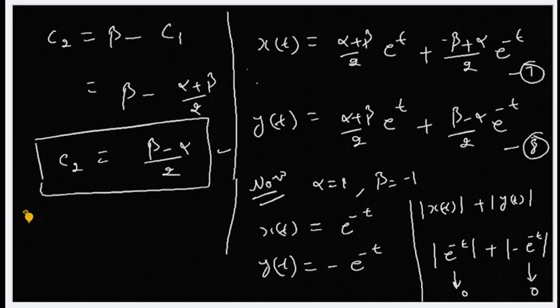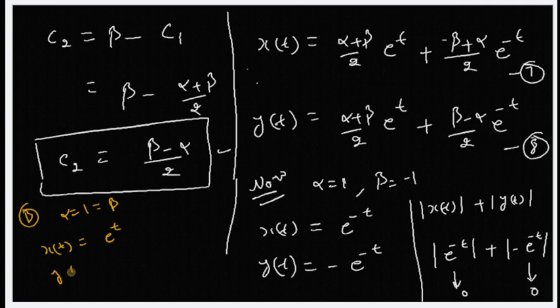So we write here option B. If alpha equal to 1 and beta equal to 1, then x of t equals e raised to power t, and this term is 0.